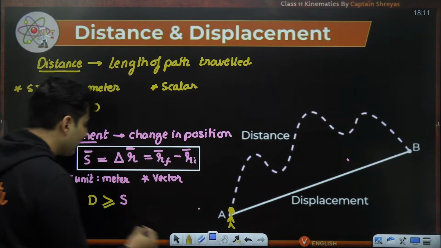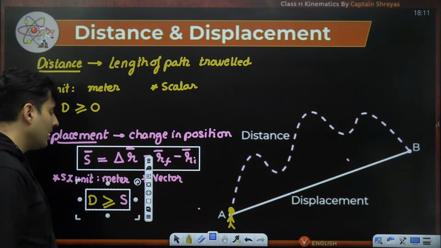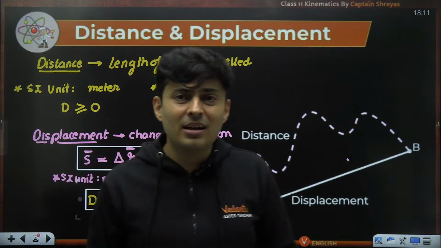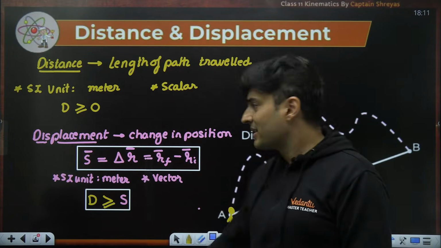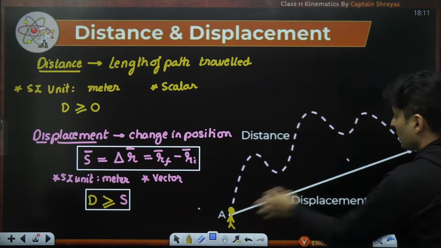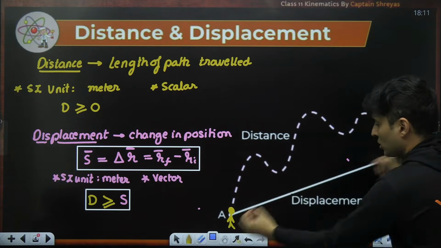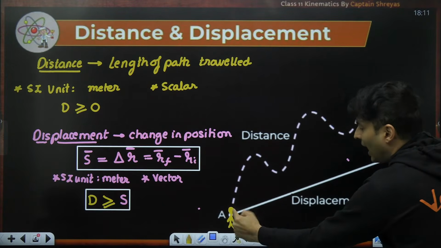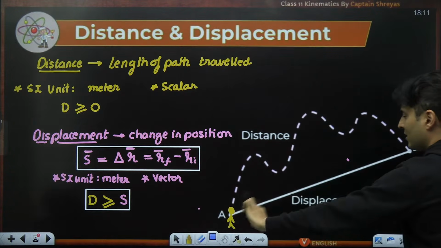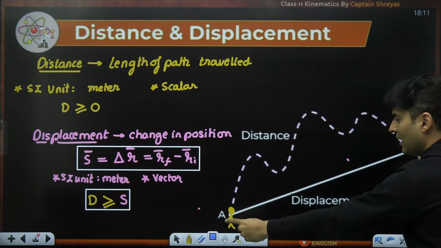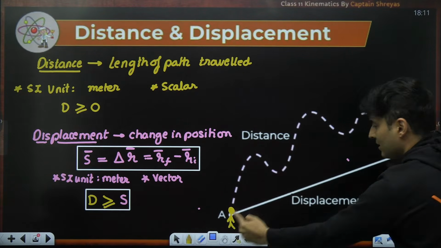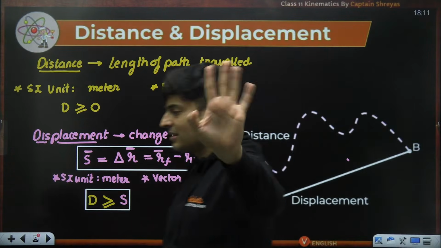This is another relationship which you should definitely remember, not by heart, but feel it, because the length of the path will usually be more than the actual change, the shortest distance. But at times you can go straight without going here and there, then your displacement and distance will be the same. Is this clear, everyone?